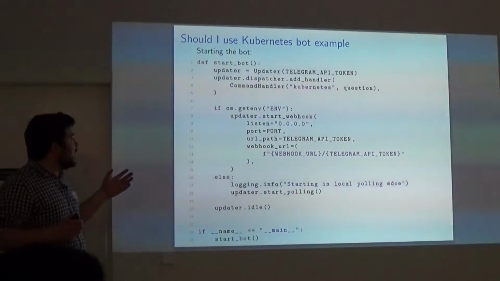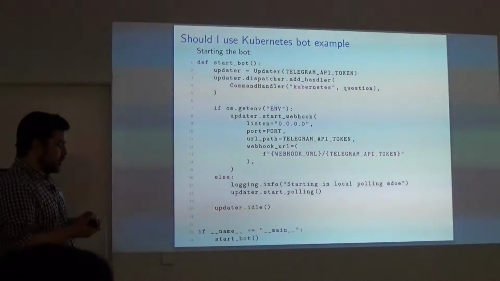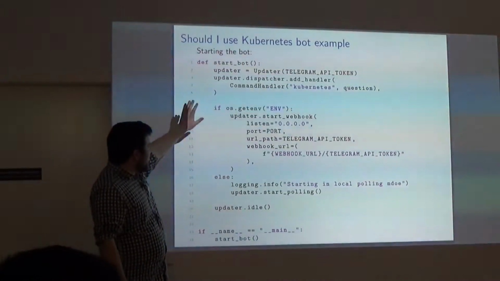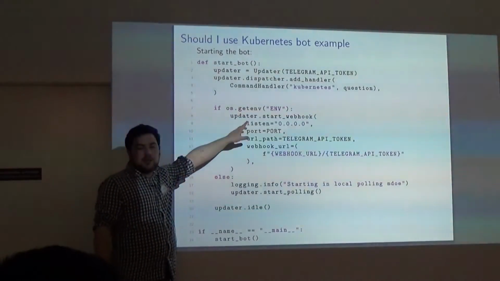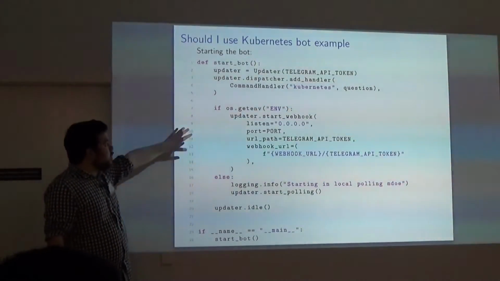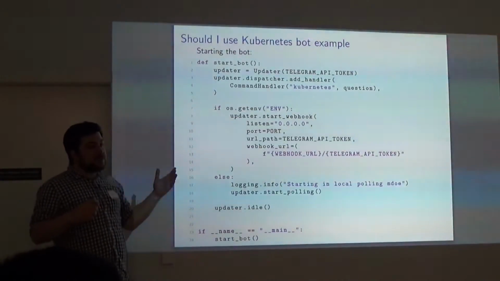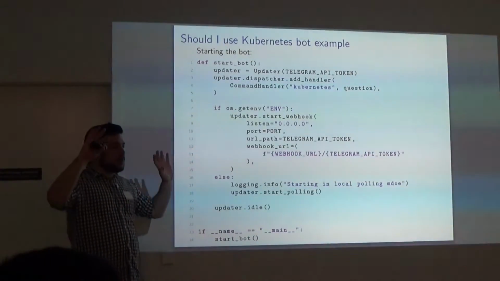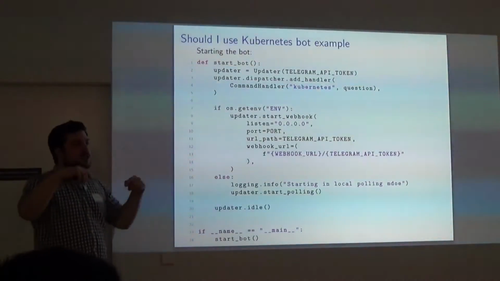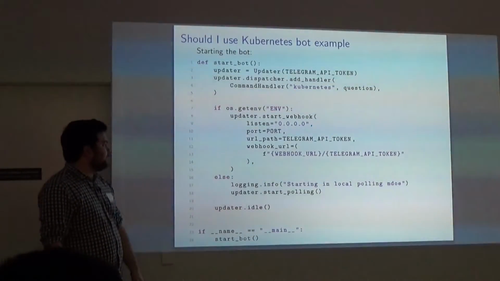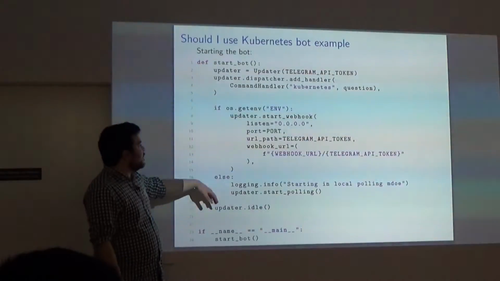And then here we have the setup for Heroku, where first we check if this env variable exists, which it does. We start setting a webhook, so we're telling the Telegram API, hey, I am this bot here, send me the requests at this URL address, of course with some configuration.